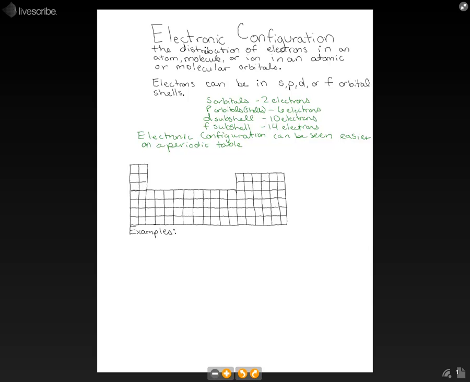So if we look at our periodic table that I've drawn here roughly, I've left out the lanthanide series on the bottom because we're not going to deal with those today, but that's where you'd find your F subshell. We can split the periodic table into kind of sections.